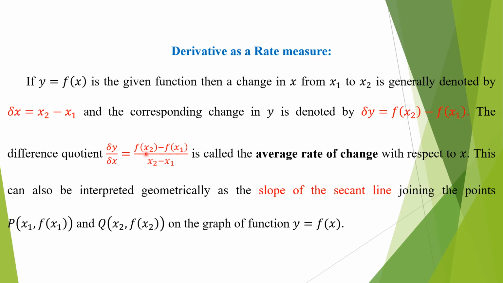That is the slope of the secant line. In another way, delta y by delta x is called the average rate of change with respect to x.